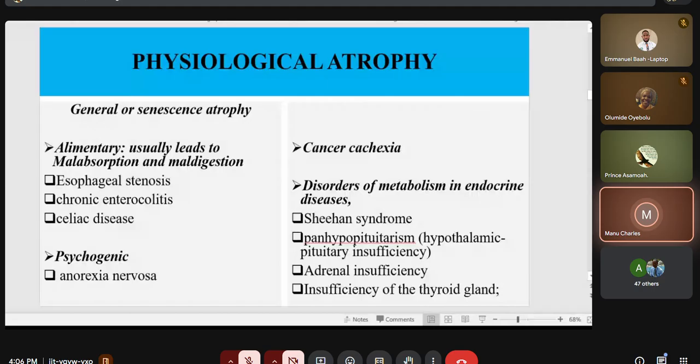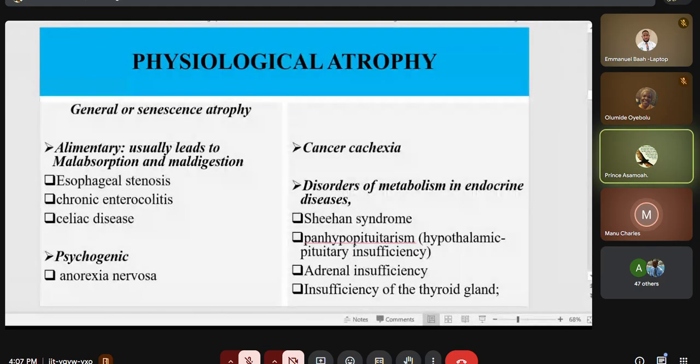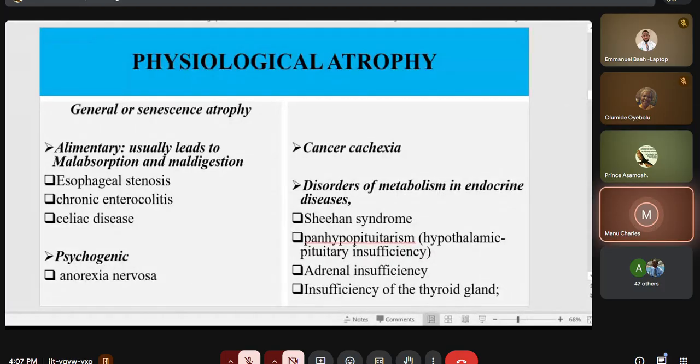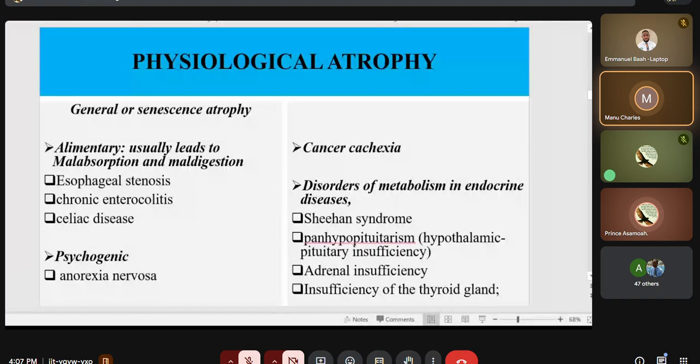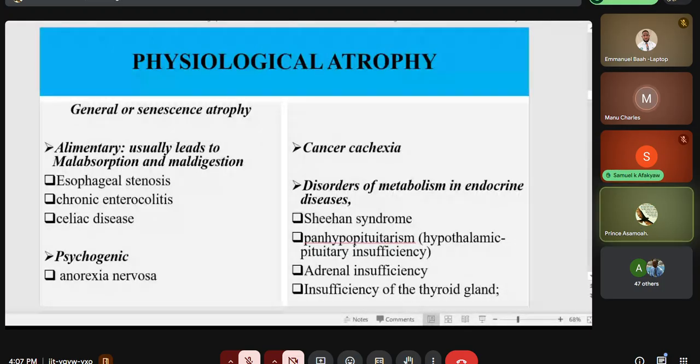Coming to the psychogenic one, anorexia nervosa. This is a disorder whereby a person has something in mind that she or he will not eat because of some reason.